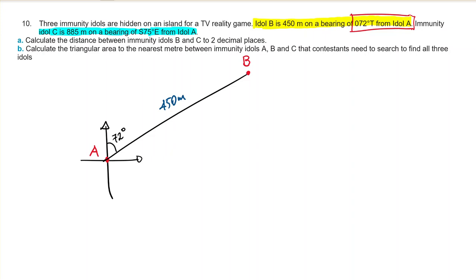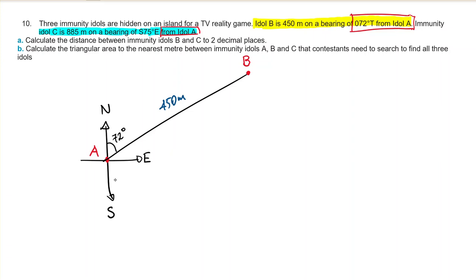Okay, now let's read idol C, the one highlighted in blue. Idol C is 885 meters on a bearing of 75 degrees southeast from idol A. So again from idol A we want to know 75 degrees, but this time not true north, from south, we know that's east.